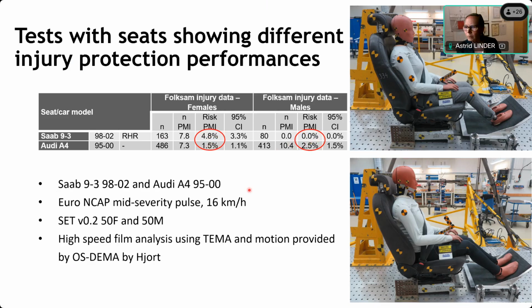And what I want to show you in this part of the presentation of these tests is how we have developed the software OSDIMA by Hjort, where we can, from the sensors of the dummy, extract motion, so that you don't have to do film analysis to do that.